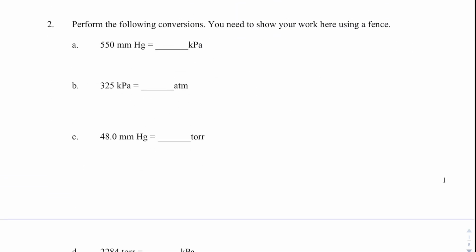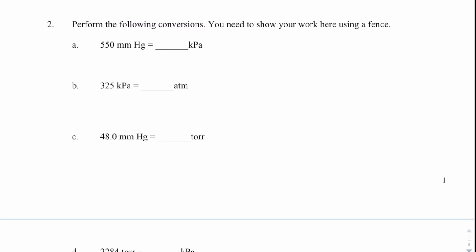Now, in question 2, you need to make sure that you're able to convert to different pressure units. We'll talk about when different pressure units are best, but if you're ever in doubt, just put your pressure units in atmospheres, and chances are you'll be good.